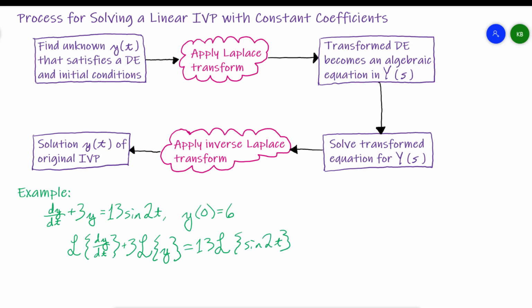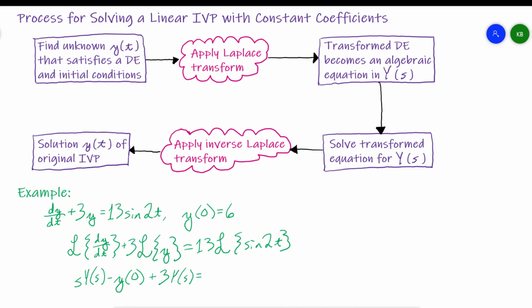Now I can reference what I just did and know that the Laplace transform of my derivative here is going to equal s capital Y of s minus lowercase y of 0. And I know that the Laplace transform of y is just capital Y of s, so this is going to be 3 times capital Y of s.